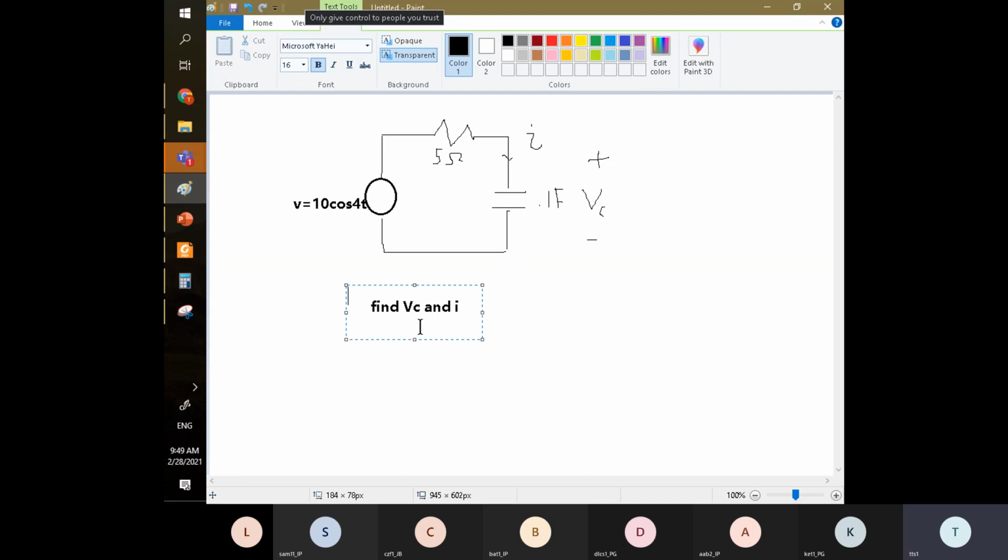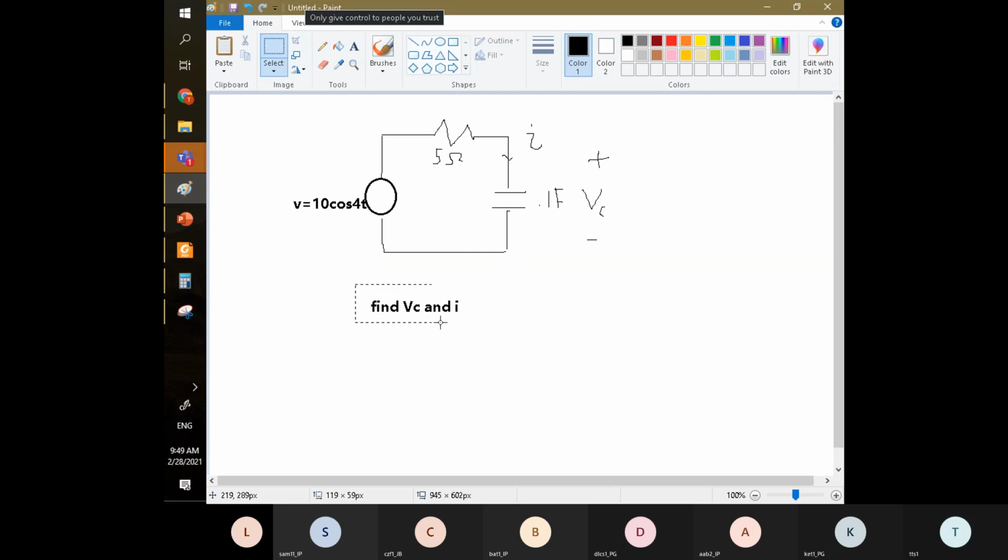What is the first step you should take? First, you need to find the impedance. Okay, I'm going to guide you. First, you find the impedance. The total resistance of these two, we call the impedance.